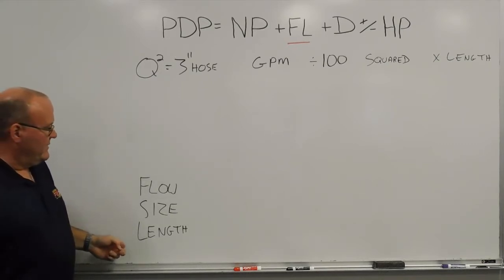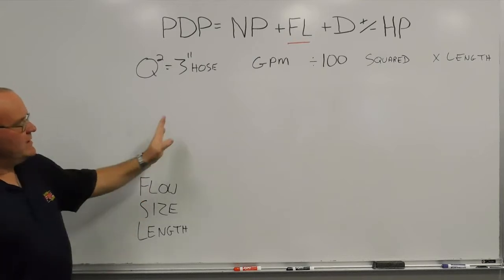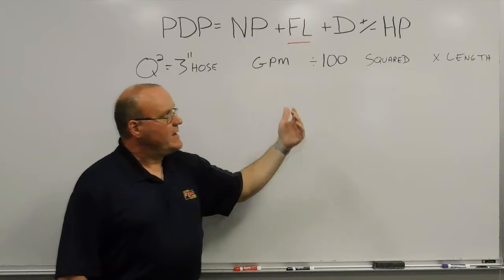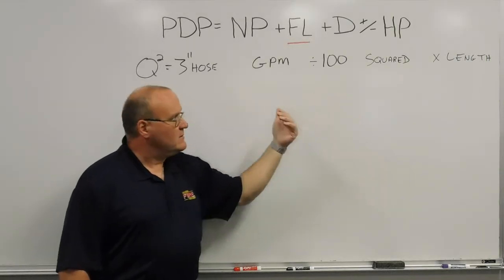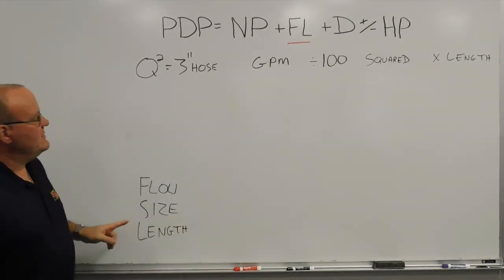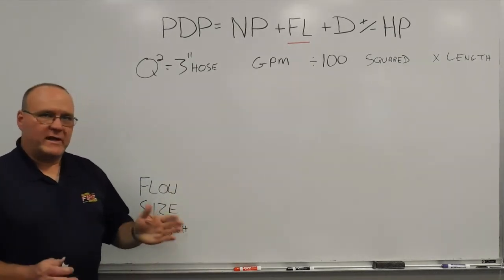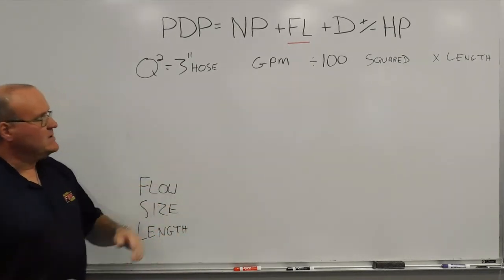And then the length, to account for that, if we had however many feet of hose, we would make a calculation to determine total length. We're going to stay within the realm of 500 gallons a minute, just for easy math and a quick example.